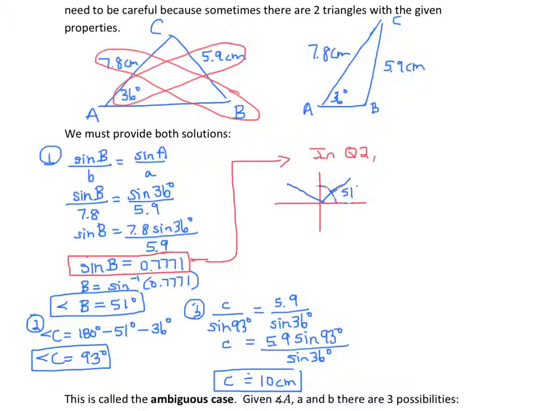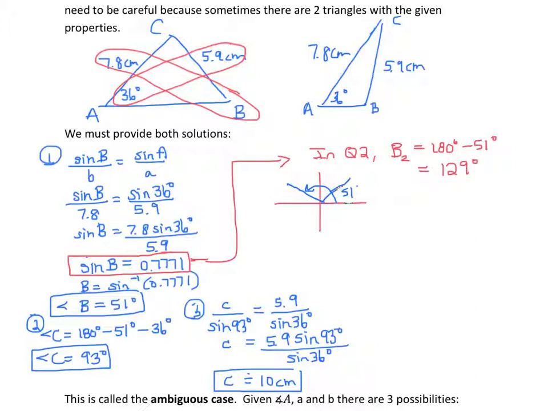Okay, so the corresponding angle in quadrant 2 we could find by subtracting, so we'll say this is our measure for B2. Okay, we could find by subtracting 51 degrees from 180. So it's also possible that angle B is equal to 129 degrees.